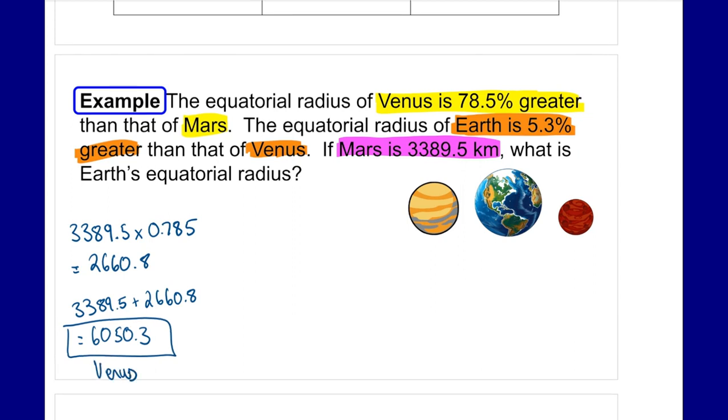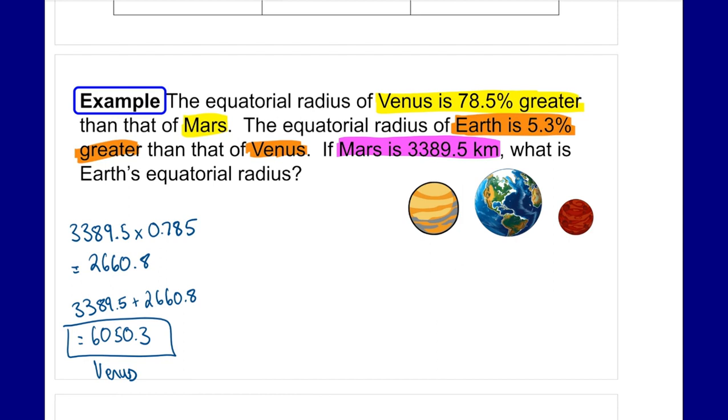Now I want to find Earth's radius. And Earth is 5.3% greater than Venus. So I can go through and do the same step, but there is a shortcut when I'm adding on, or trying to find a new measurement based off a percent.